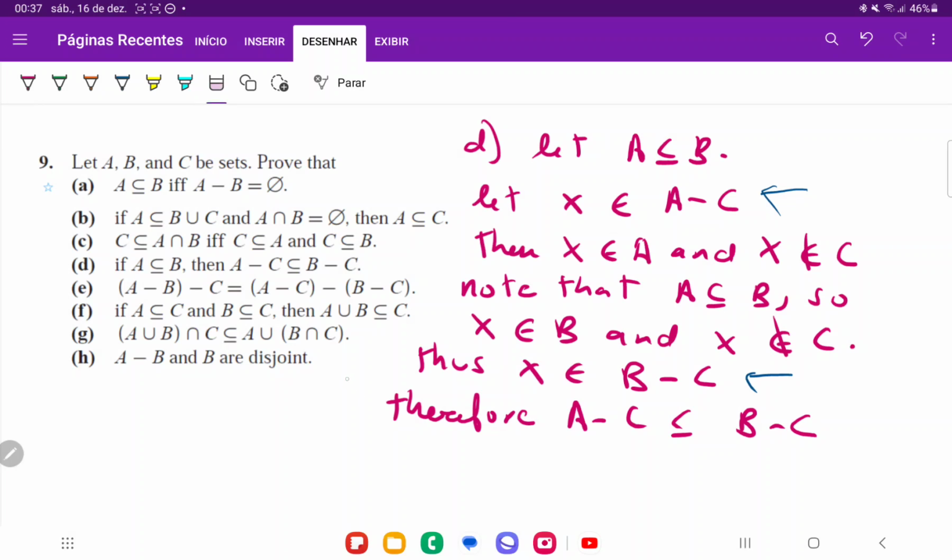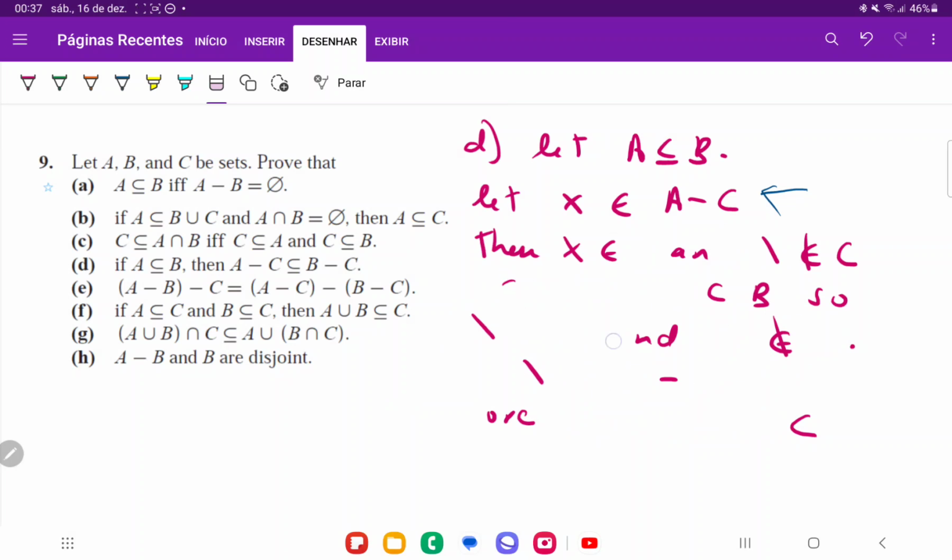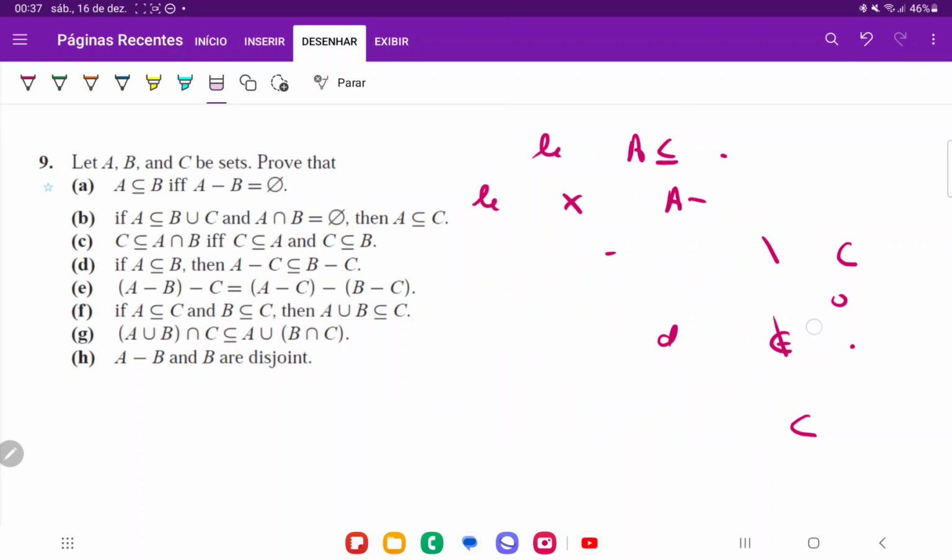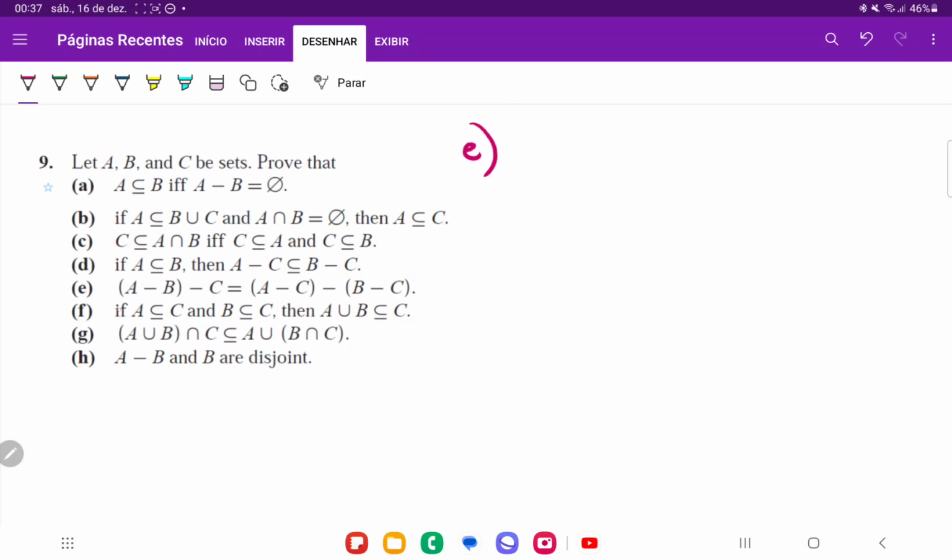Now for item E, we want to show that both of these are equal. So we're going to do an if and only if sequence of claims. So for item E, we are going to begin with X belongs to A minus C minus B minus C. And I always begin with a more complicated one because I find that that's easier to think about, right?